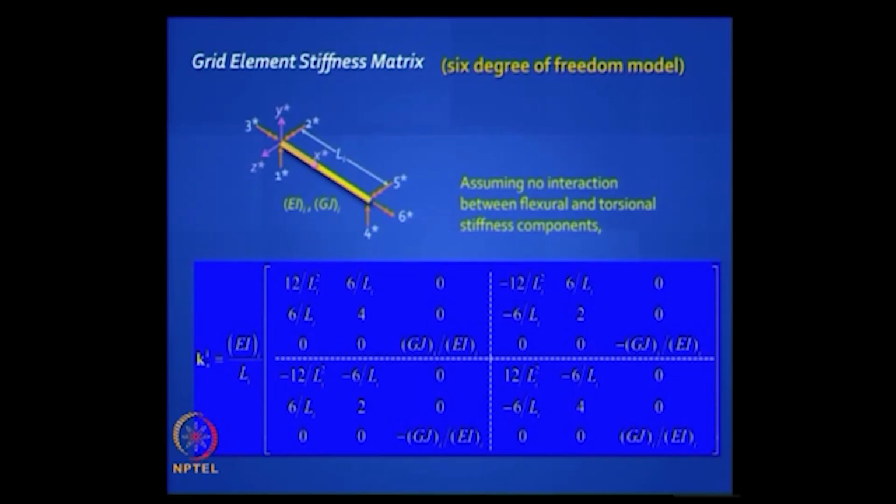It is not difficult to derive, it is just a superposition of torsional stiffness on your beam element stiffness matrix. There is no other change. We have added the third row, the third column, the 6th row and the 6th column, all of them are 0 except the diagonal terms and the corresponding terms at the other end. The diagonal terms will be positive, the other terms will be negative.